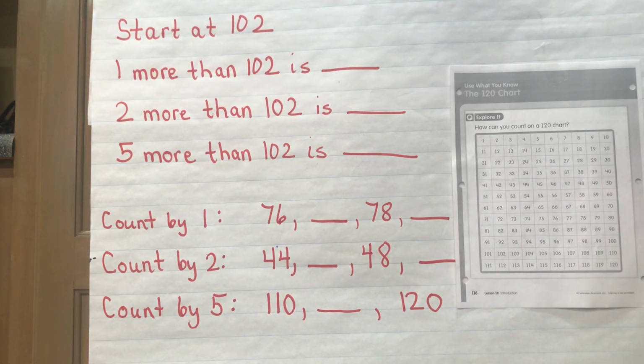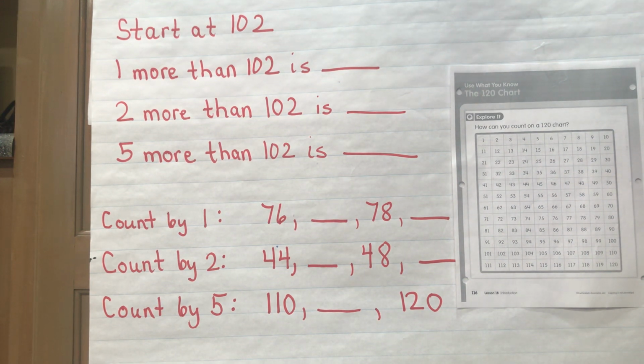Alright, boys and girls, we are going to now review for your quiz that we're about to take, showing what you know about counting on the 120s chart and being able to count numbers up to 120. So we're going to do some examples together that will help you with the quiz.